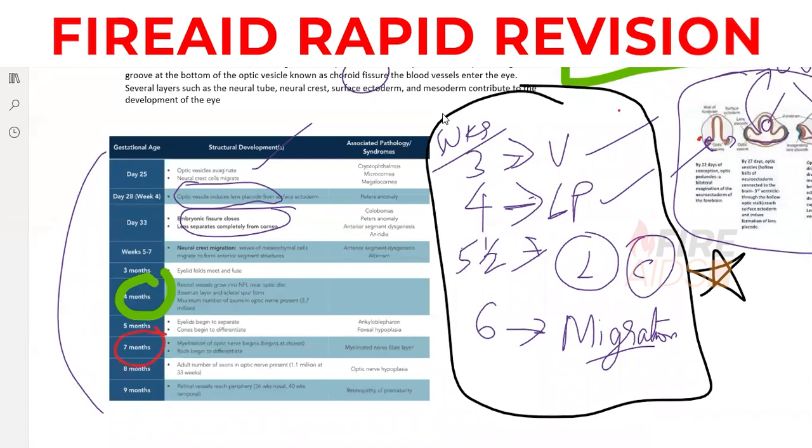In the 7th month, myelination of the optic nerve begins. And in the 8th month, the adult number of axons is seen in the optic nerve. Out of these 3, you must remember the 4th and 8th month specifically. So maximum axons, 4th month.